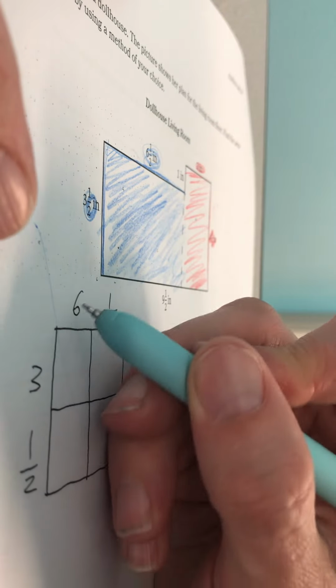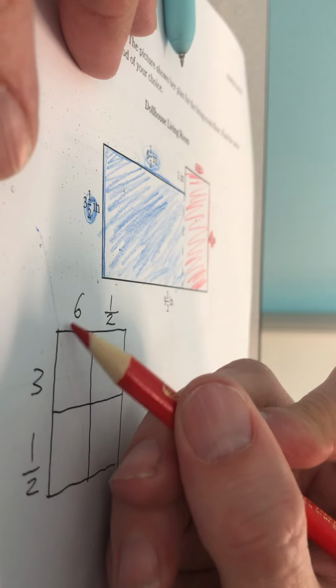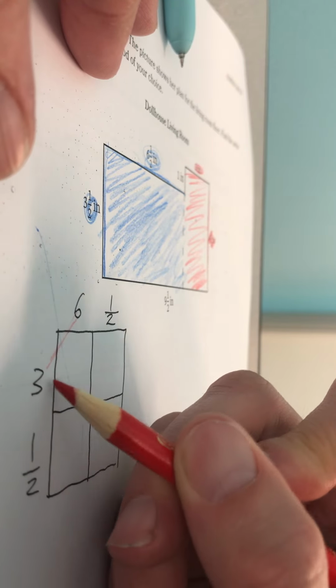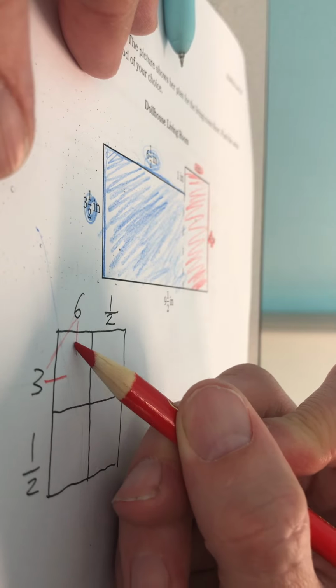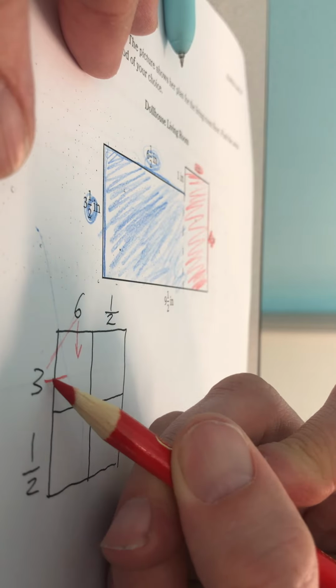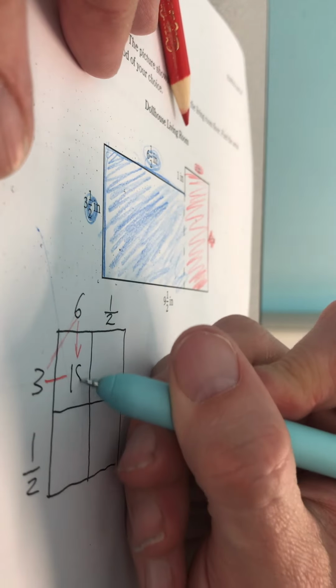We take the numbers that are next to each other and we multiply the number that is across and immediately over it. So in this box, I multiply the 3 times the 6, and that is 18.